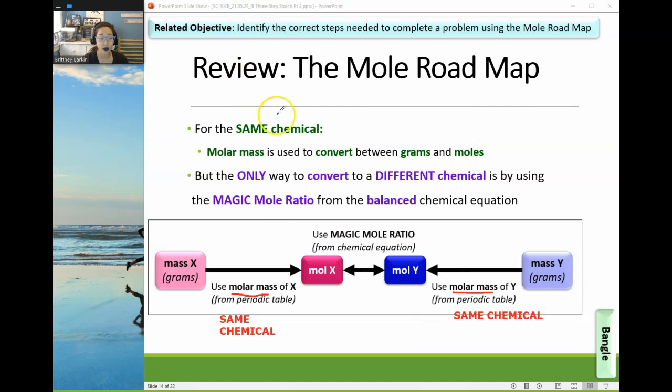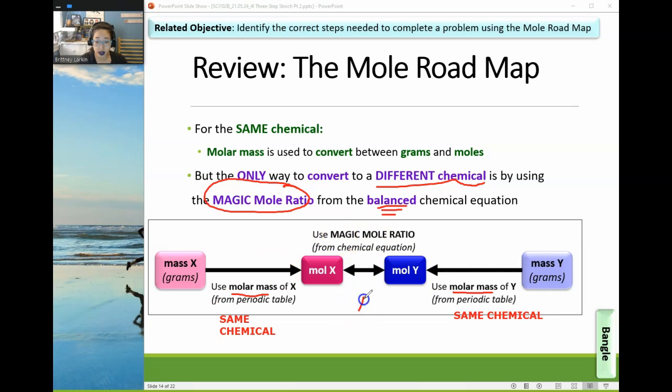Now, the only way to get from the starting to the ending chemical is to use our magic mole ratio. So we can only convert to different chemicals if we use the mole to mole ratio that we get from the balanced chemical equation. Remember that we often give you the balanced chemical equation in class just because we don't have a lot of time in class, but that you will need to know how to balance chemical equations for your last exam.